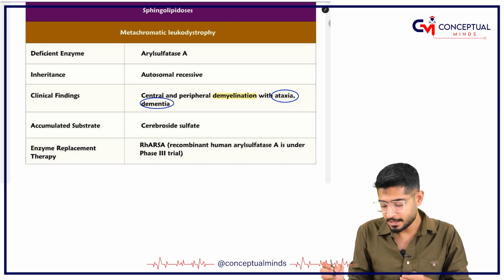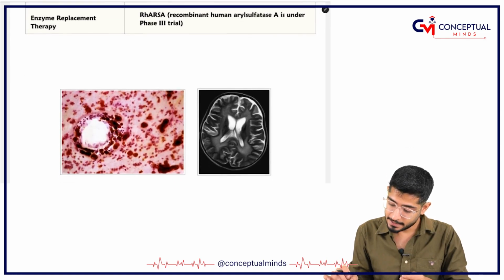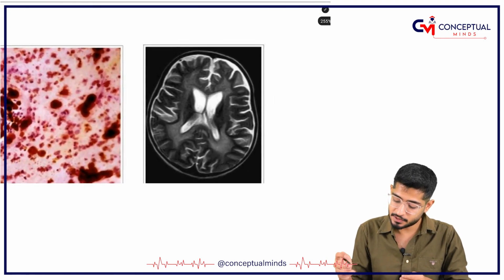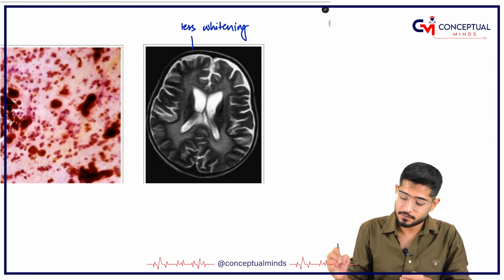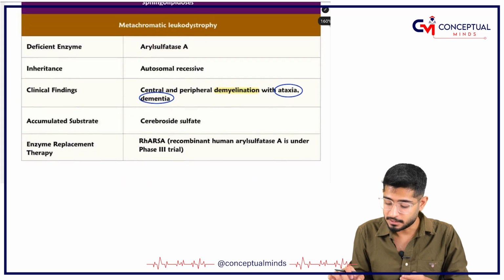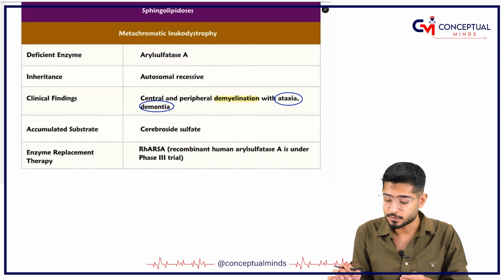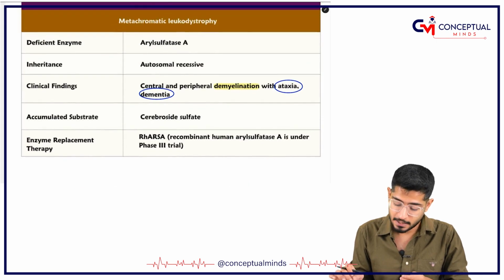Can you see here there is demyelination, there is less whitening, and because of the less whitening there are more dark areas, because the white thing, that is the myelin, is not there. So there is demyelination in this disease.